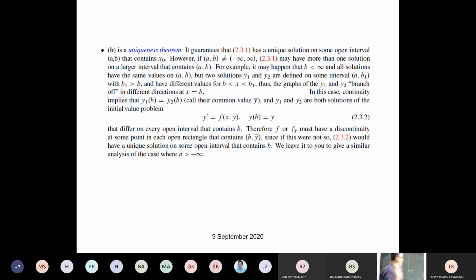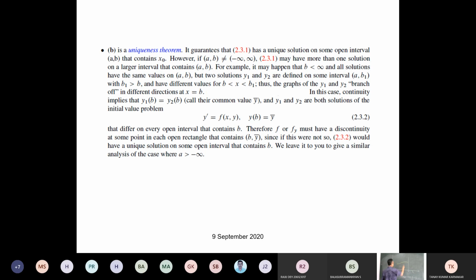See, what they are saying is that, suppose I am considering a solution of a given differential equation, or to be precise, a solution curve y(x) of a given differential equation. They are talking about an open interval, so suppose in this open interval AB.